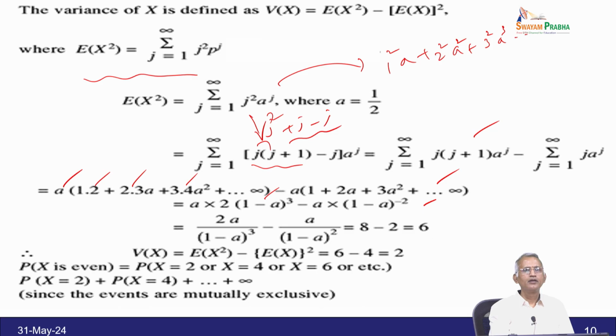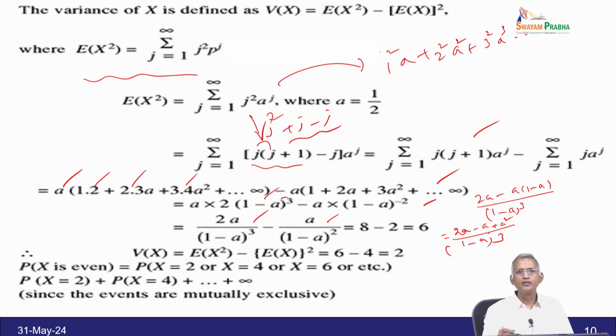Now, the problem reduces to 1 minus a whole power minus 3, therefore 2a by 1 minus a whole cube minus a by 1 minus a the whole square, and take LCM and simplify, that is 2a minus a into 1 minus a by 1 minus a the whole cube, which is equal to 2a minus a plus a square by 1 minus a the whole cube.